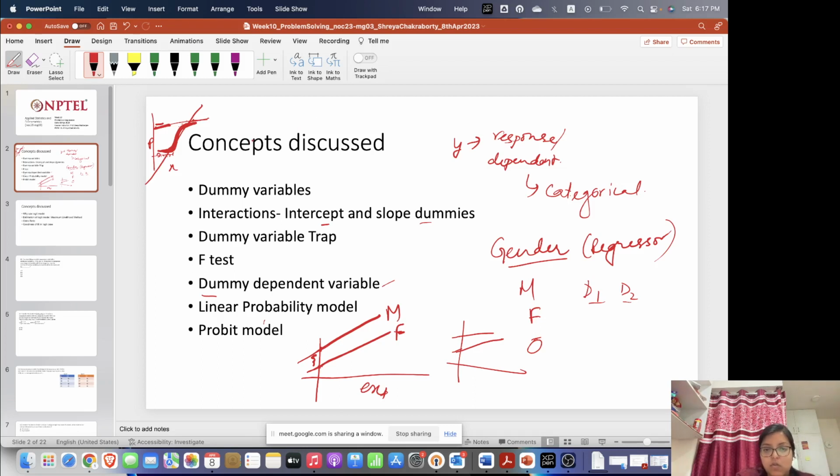So we discussed two of those probability models. One is the probit model, and the second one is the logit model.